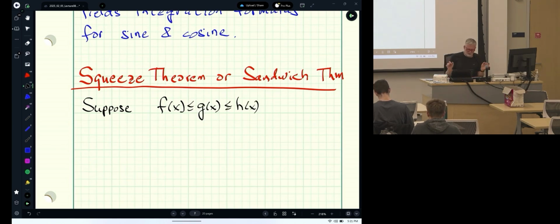Okay, so g of x is squeezed between or sandwiched between f and h.